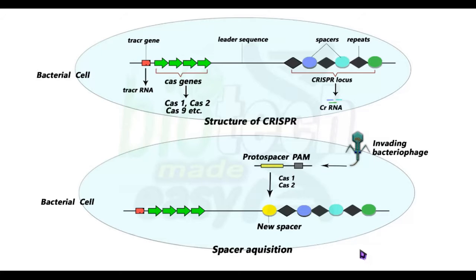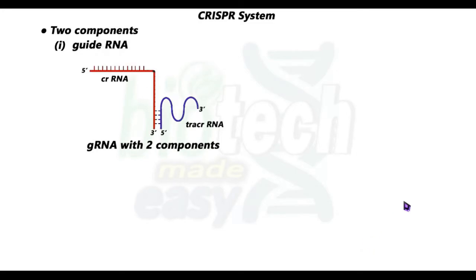See what happens next. Let's now discuss the components of CRISPR. It has basically two components. First one is the guide RNA. G is for guide. So it is non-coding short RNA and it has a spacer sequence.